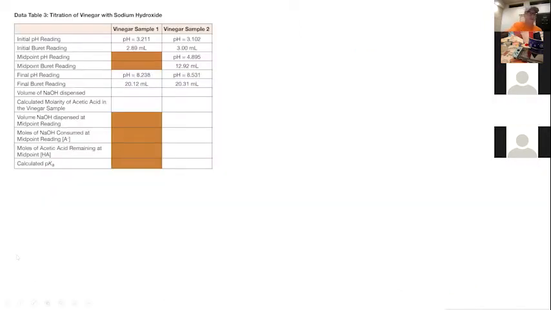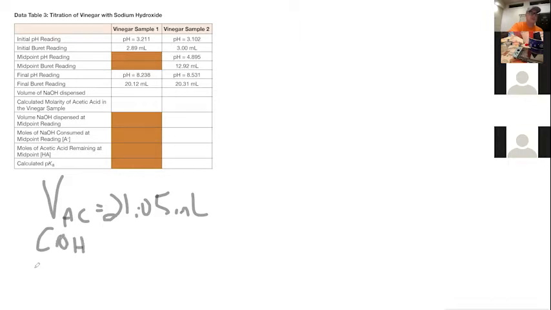All right, so here's the part where we're calculating the pKa. So I'm going to go over vinegar sample 2 with you, and then you can do vinegar sample 3 by yourselves. So this is the information we have. The volume of acetic acid is 21.05 mils. The concentration of hydroxide is 0.01 molar. So now we look and see what the initial burette reading was.